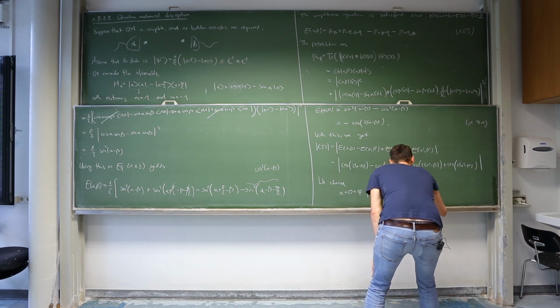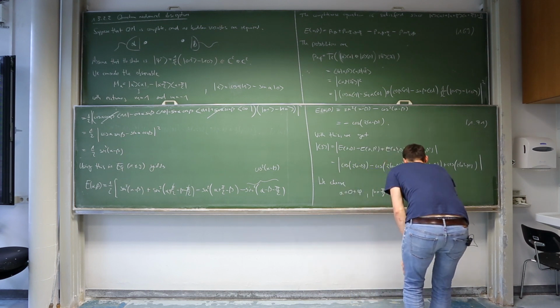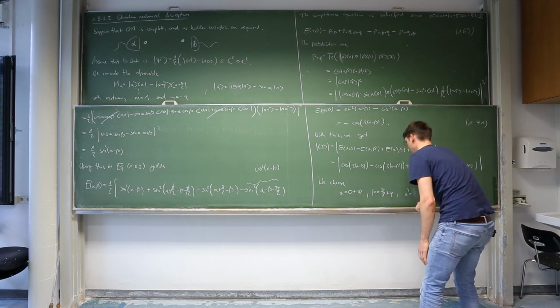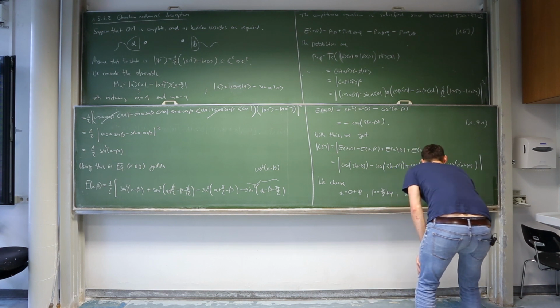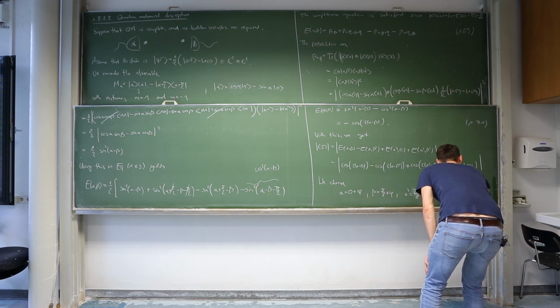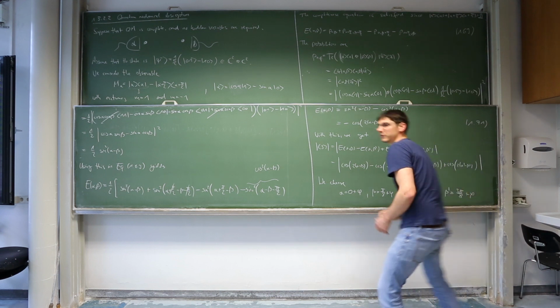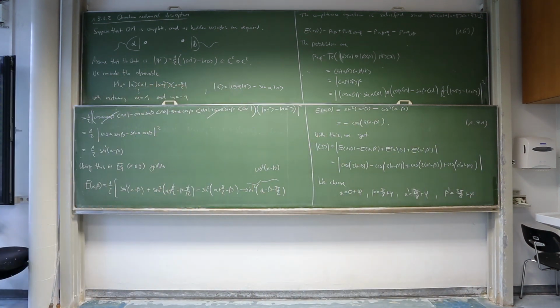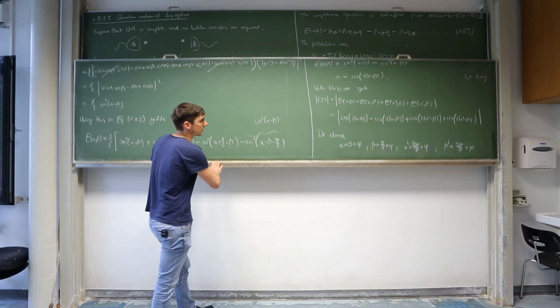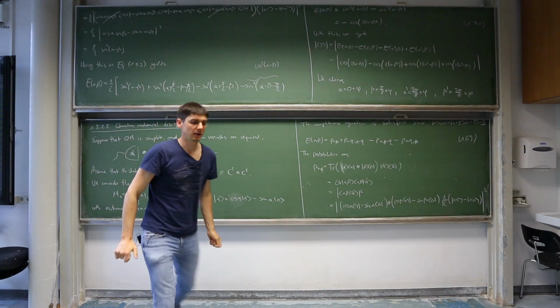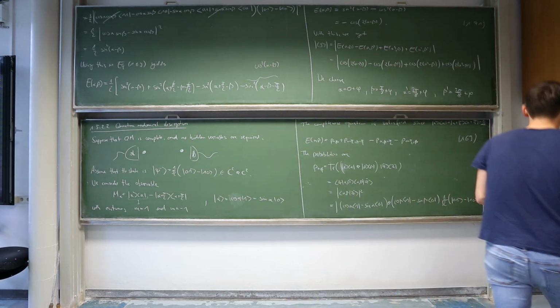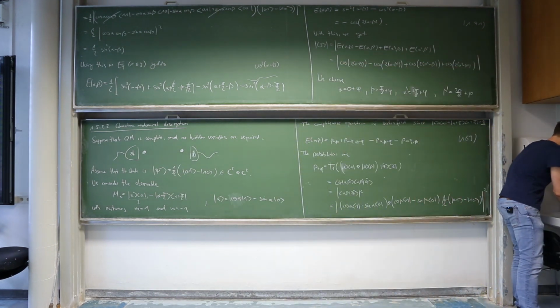Alpha prime, I think it's 2 pi over 8 plus phi, and beta prime is 3 pi over 8 plus phi. Let me check this. Yes. Okay. So with this choice of angles, we can now finish this calculation and see what the expectation value will be.